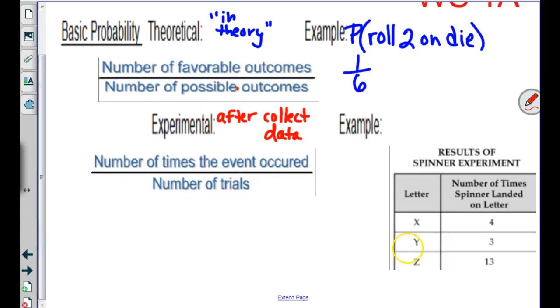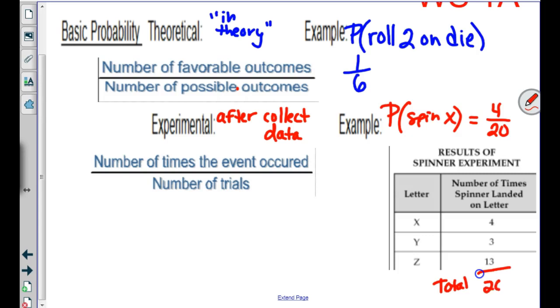I don't even know what this spinner looks like, but if I asked what's the probability of spinning an X, well, 4 times it landed on an X out of a total of 20. Is that right, guys? Did I add those up right? Or 1 in 5. Okay.